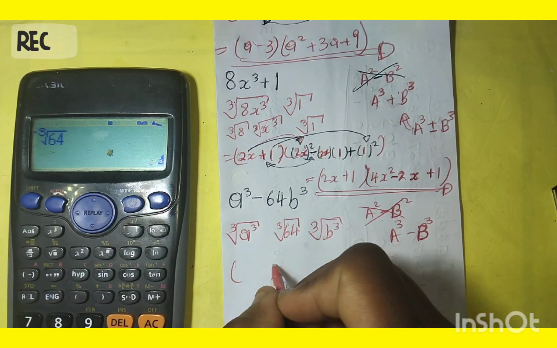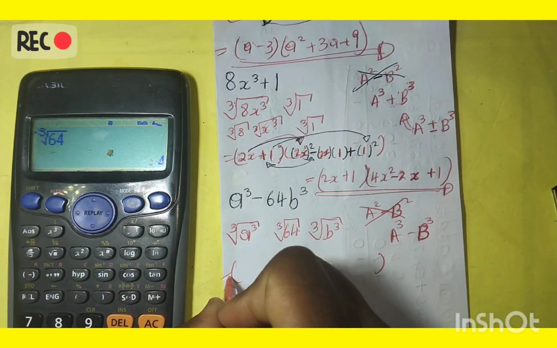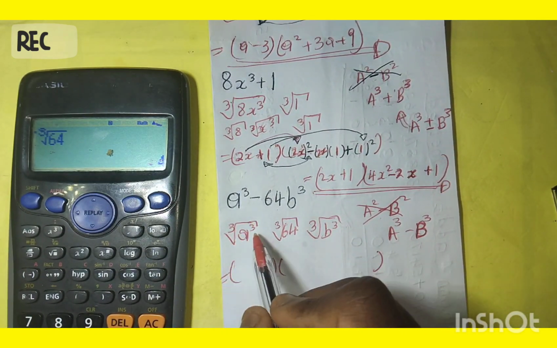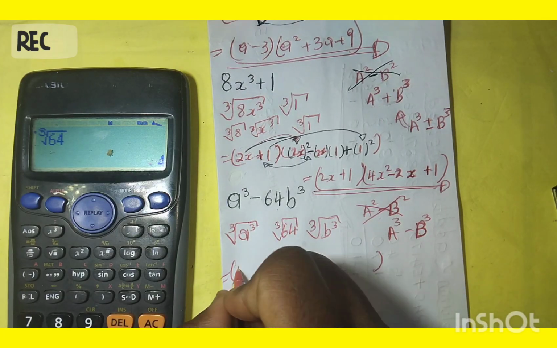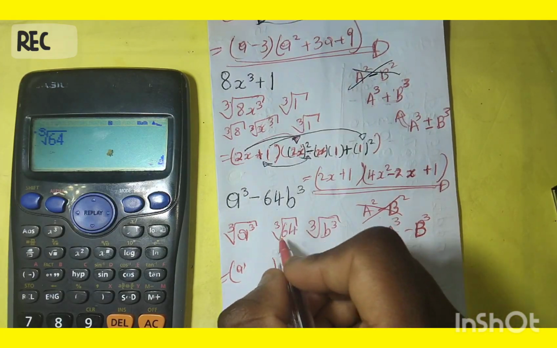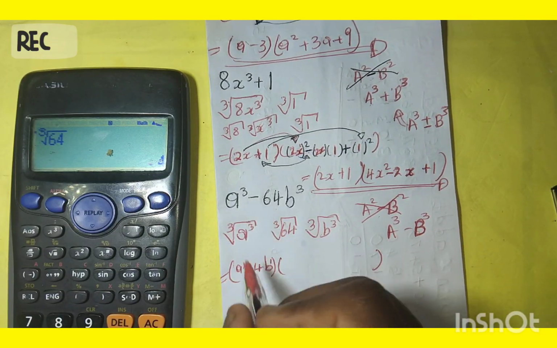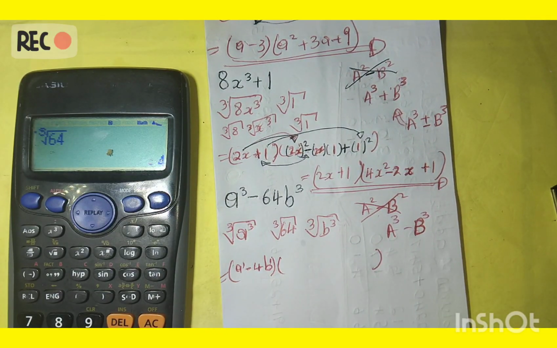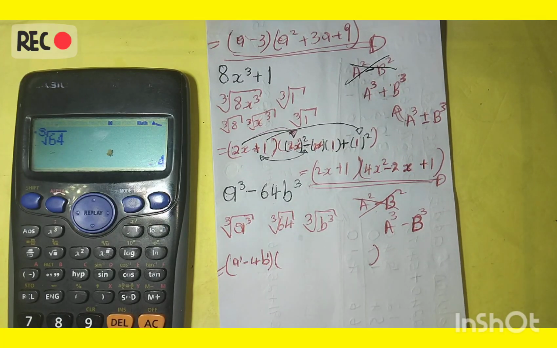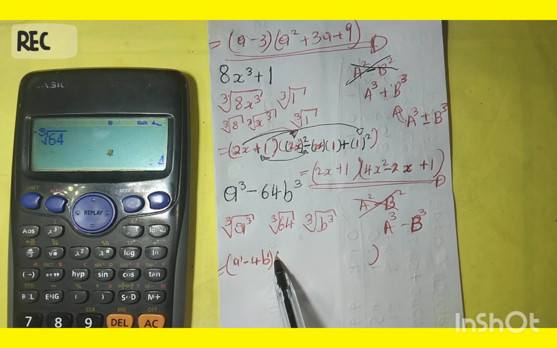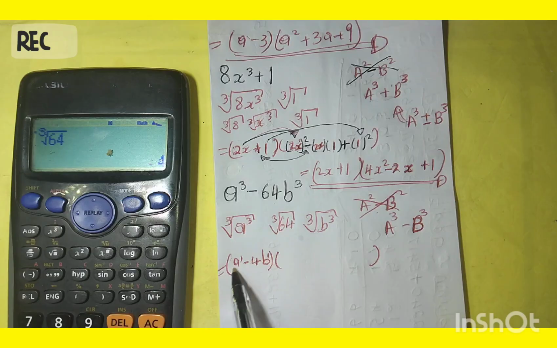And say small brackets and big brackets. Taking the cube root of a base, you will divide the exponent by 3, meaning you will get a1. But for this one, you already know you will get what? You will get 4. And here it will just be b, that 1. That negative is supposed to be here. And those 1s, guys, are unnecessary for you to put. 1, which is the exponent, no need to put them there.